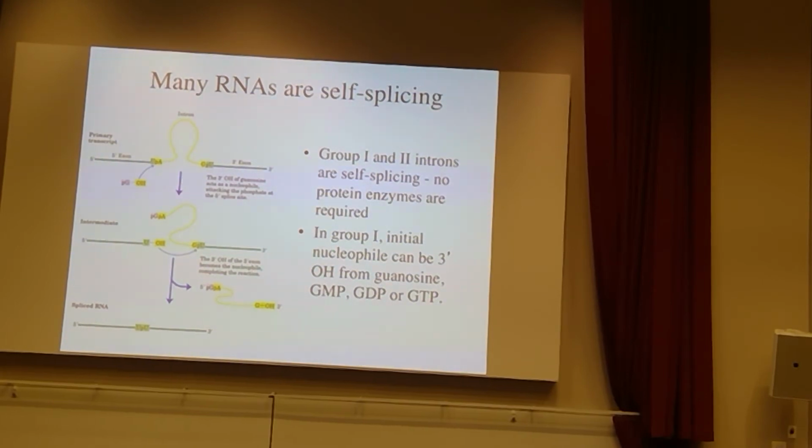So here's the process for a group 1 intron. In this case, the initial nucleophilic attack comes from the 3' hydroxyl from guanosine or guanosine monophosphate, diphosphate, or triphosphate.